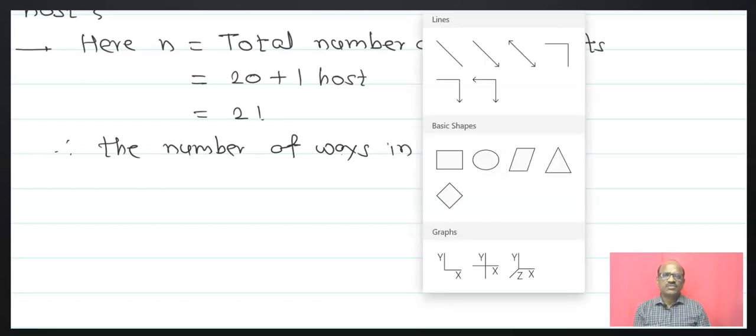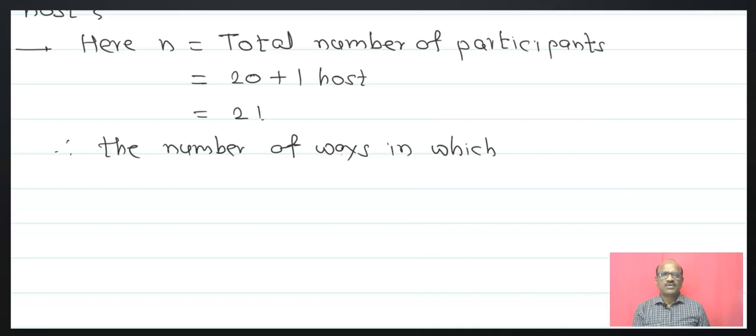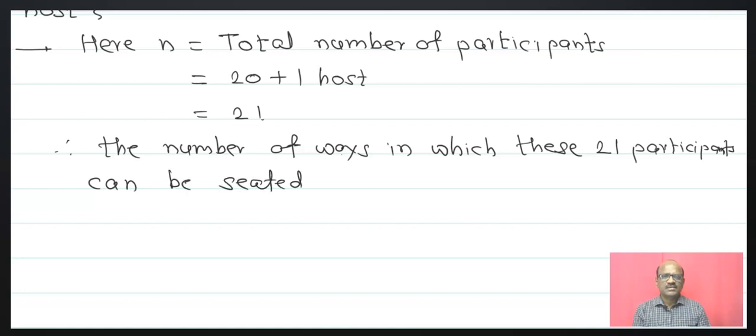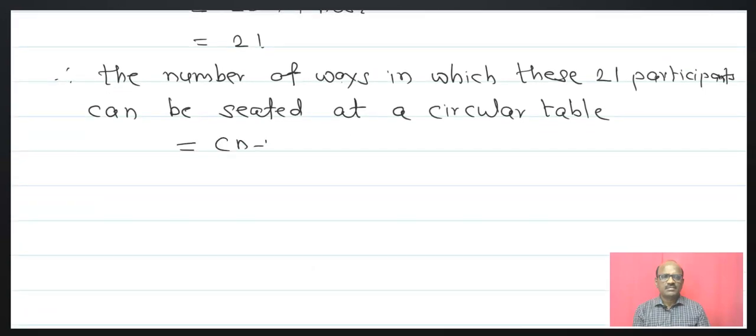The number of ways in which these 21 participants can be seated at a circular table is n minus 1 factorial, that is 21 minus 1 factorial, which is 20 factorial.